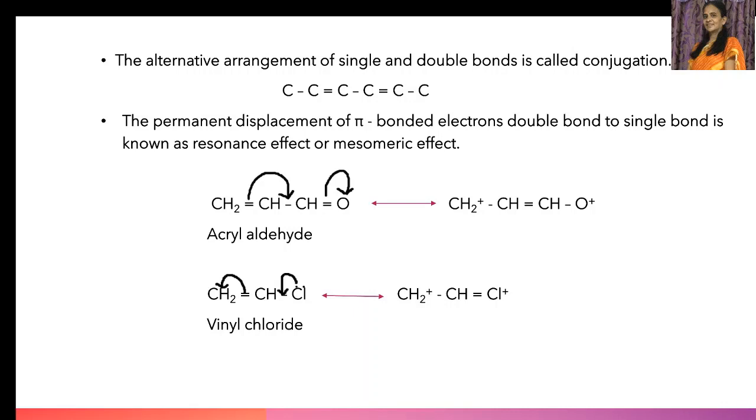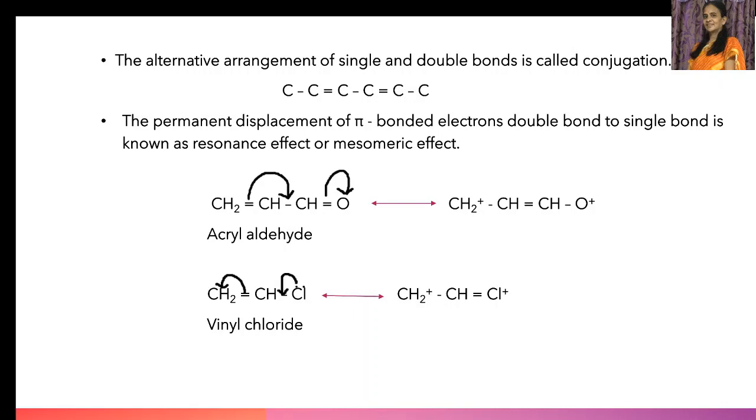Then the pi bond present between this carbon and oxygen shifts towards oxygen. Thus the resulting molecule has a positive charge on this carbon and a negative charge on oxygen. So it goes like this: CH2 double bond CH single bond CH.